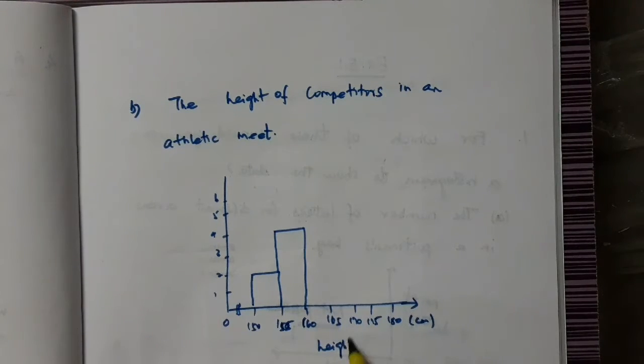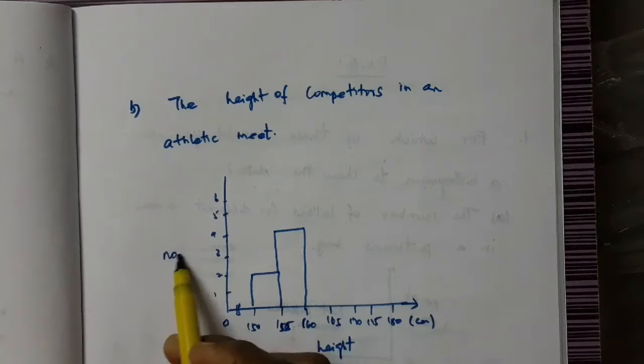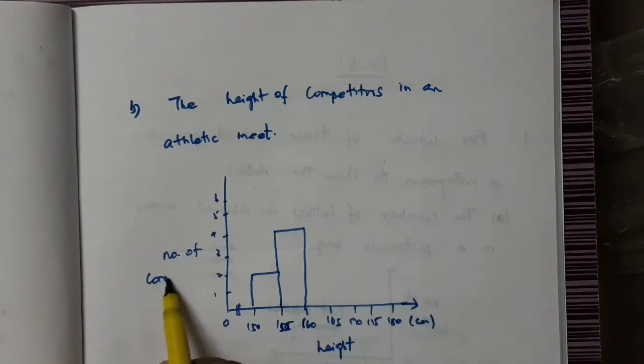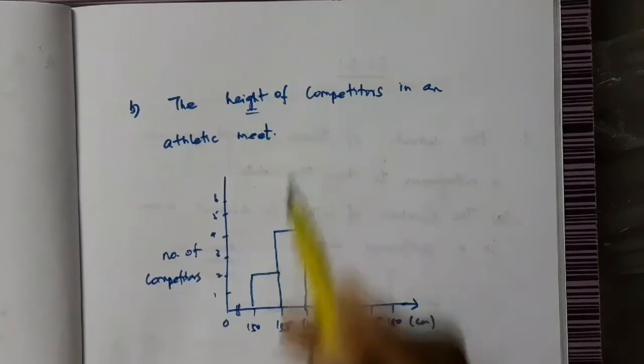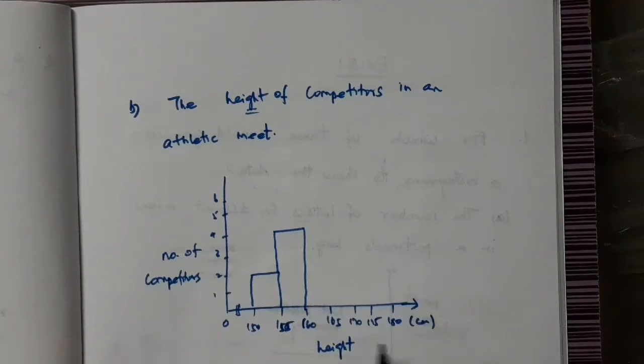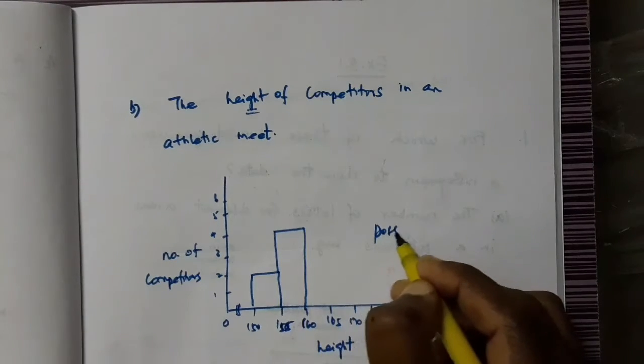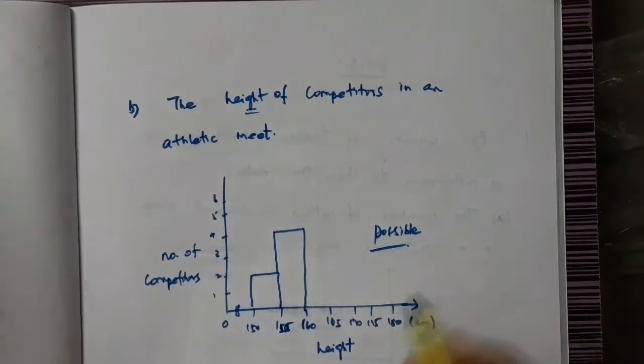This is height and this is the number of competitors. With height you can make these intervals, so here it is possible to draw a histogram.